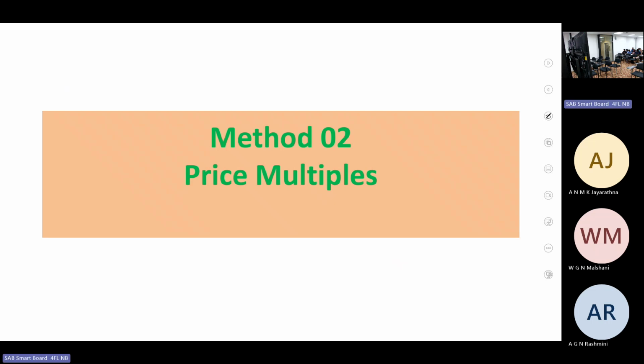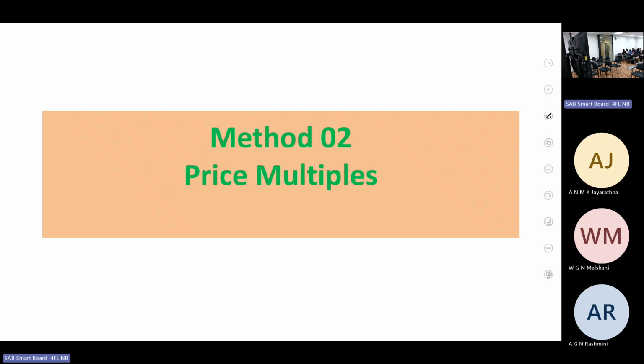Single holding period: how can we value it? Dividend in the first year divided by 1 plus r to the power 1, plus P1 divided by 1 plus r to the power 1.